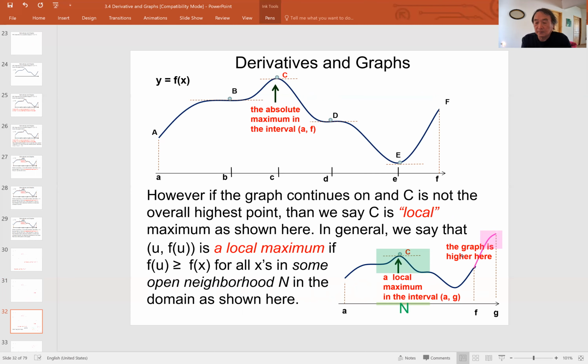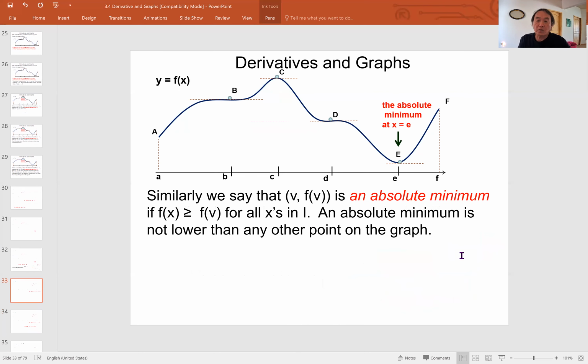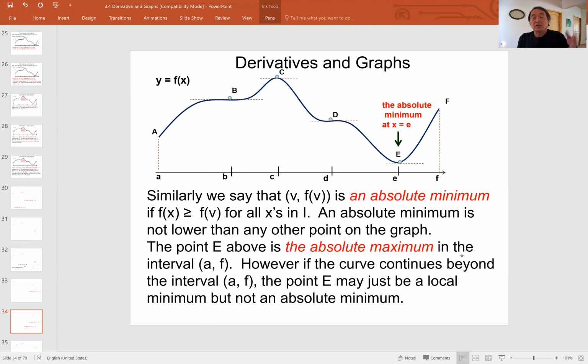So the idea of absolute and local maximum or minimum really depends on the range you're working in, part of the curve, of course. Similarly, you have this definition for minimum, and I will let you read it.